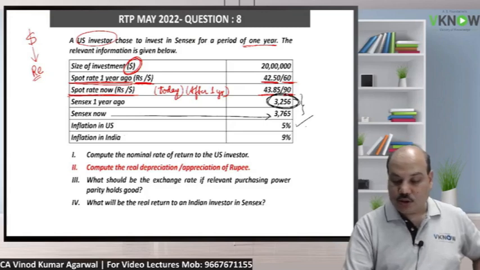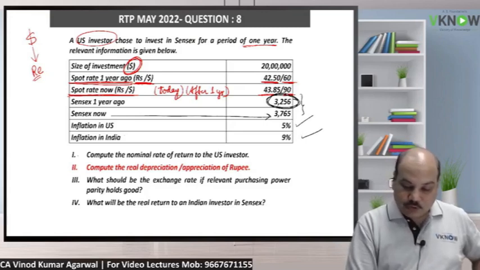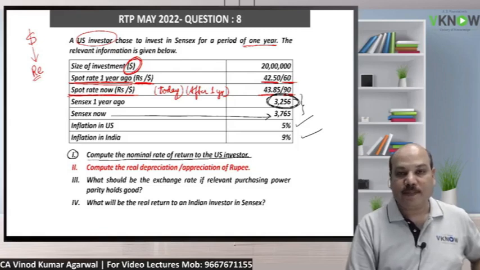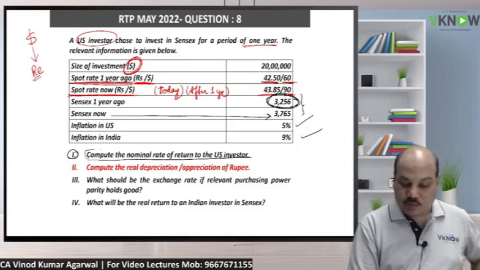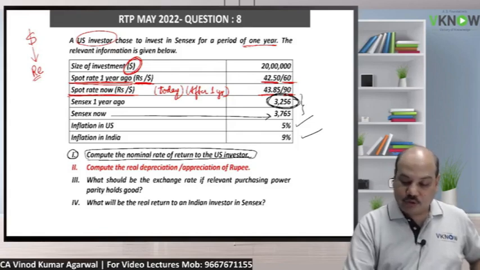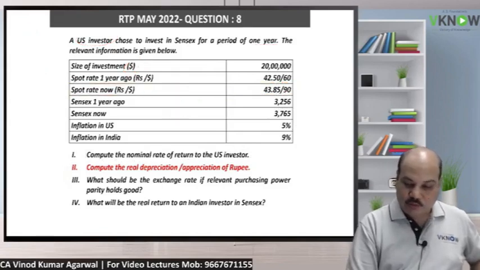Inflation in USA is 5%, India 9%. First question is very easy, school level question. Compute the nominal rate of return to the US investor. What is the rate of return earned by the US investor? So that is very easy.